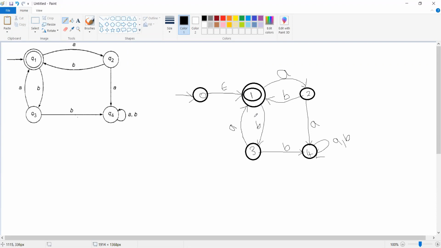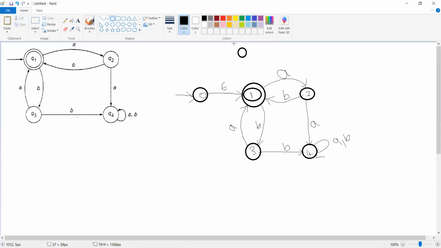Now please check whether that final state has outgoing transitions or not. Yes, it has two outgoing transitions. From 1 to 2, there is an outgoing transition, and from 1 to 3, one outgoing transition. Hence, we need to introduce a new final state.